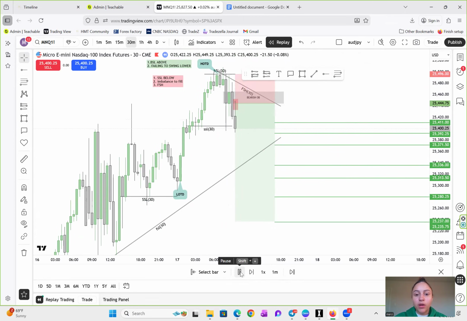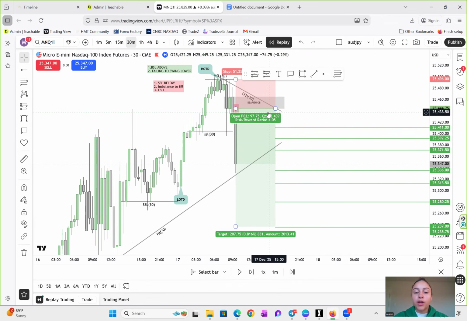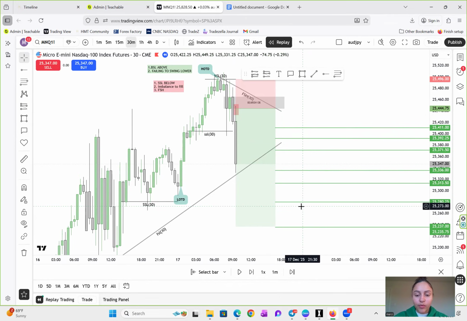All right, so TP1 was hit, TP2 was hit. Once take profit 2 was hit, let's say I entered the trade with 4 contracts. I would secure 2 contracts at TP2, move stop loss to break even, and leave the rest running. Once price hits TP3, I move my stop loss to TP1.